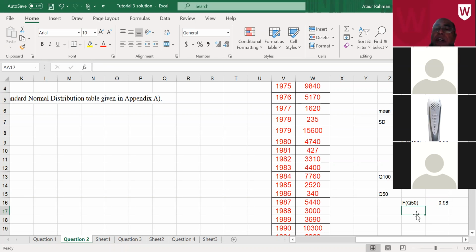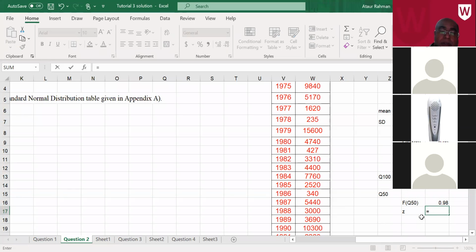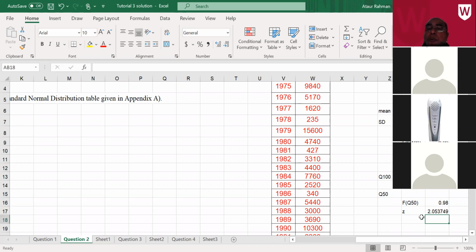So now we can find our Z value. Our Z would be NORMINV of 0.98, and our Z value becomes 2.05372.